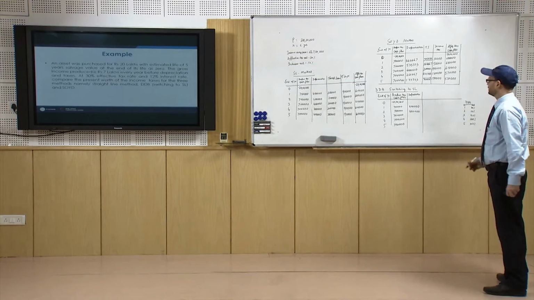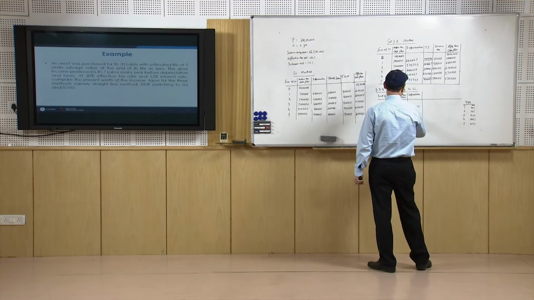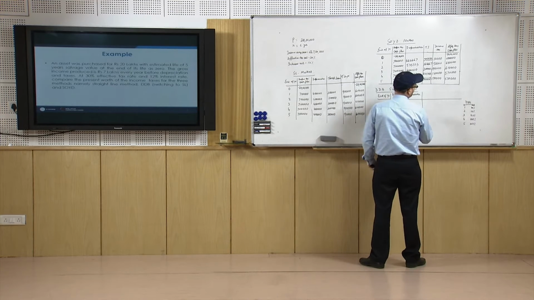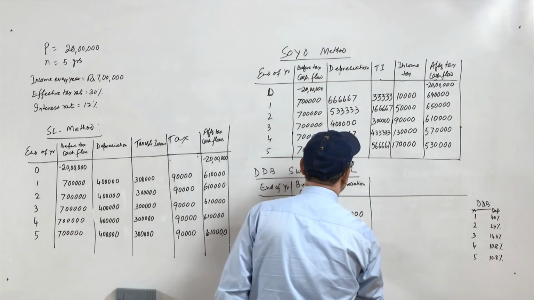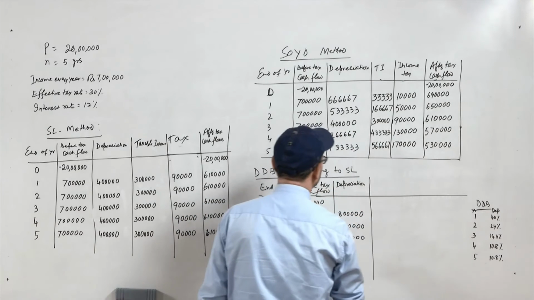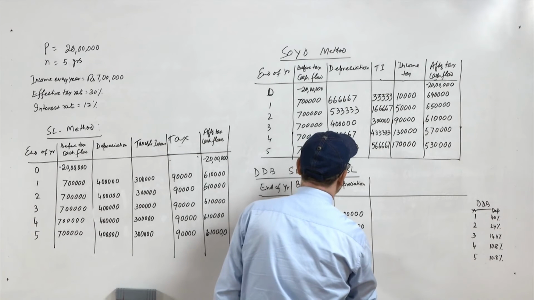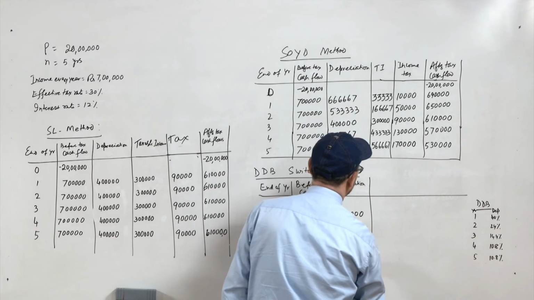That we had done earlier. So, you get 14.4% of 20 lakh, so it will be 2,88,000. Further, it will be 2,16,000 and 2,16,000 during the last 2 years.